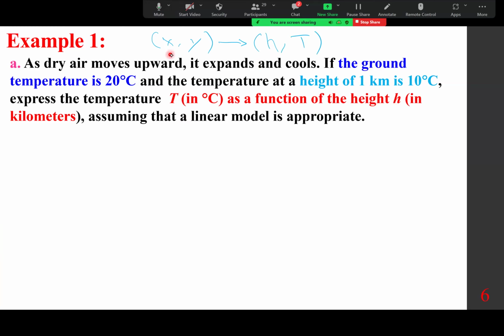And so if the ground temperature is 20 degrees, that means the height is 0 and the temperature is 20, (0, 20). The height of 1 is 10, so (1, 10). So first and foremost, understand that instead of x and y, we're going to go with h and T. The ground temperature gives us the pair (0, 20).